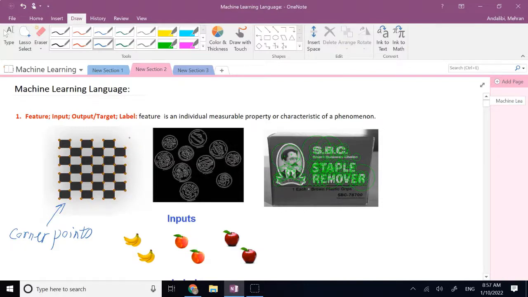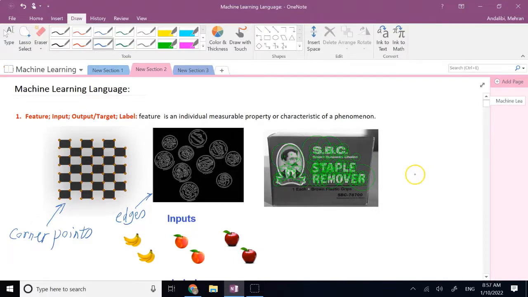Another one that you can see a lot in many of the computer vision machine learning algorithms are edges. The boundaries where the light intensity changes dramatically from one region to another are some common features that you see in images for recognition and higher level tasks.